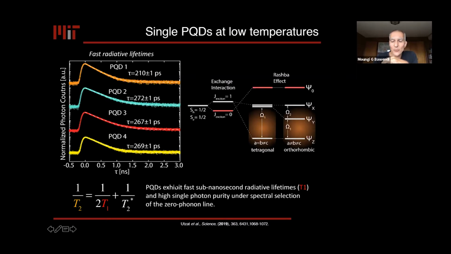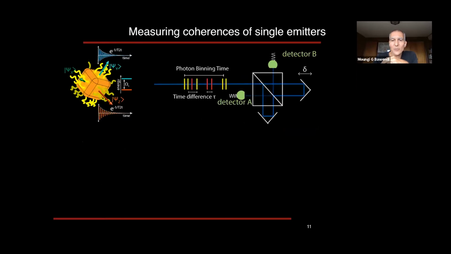And in fact, when you measure directly the coherence time, and we do this by sending photons one at a time through an interferometer and letting each photon interfere with itself. So these packets of light, these wave packets, go into this interferometer. Because it's a quantum mechanical process, that wave packet interferes with itself, and you can change the path length of one of the arms of the interferometer.